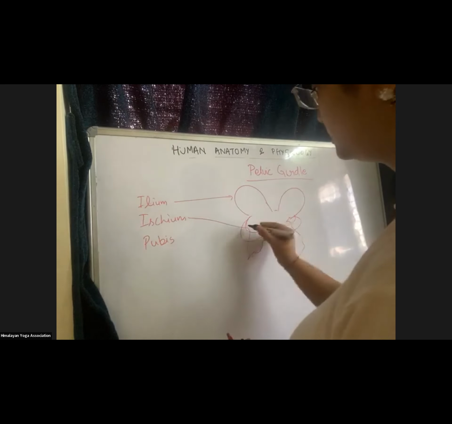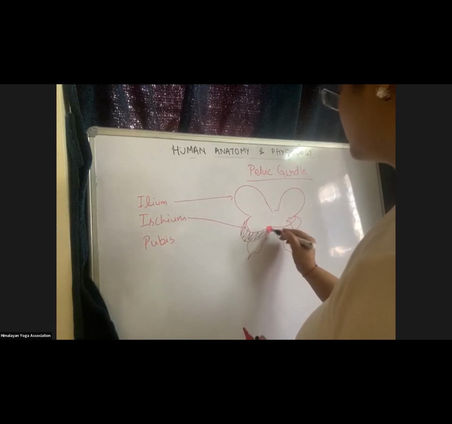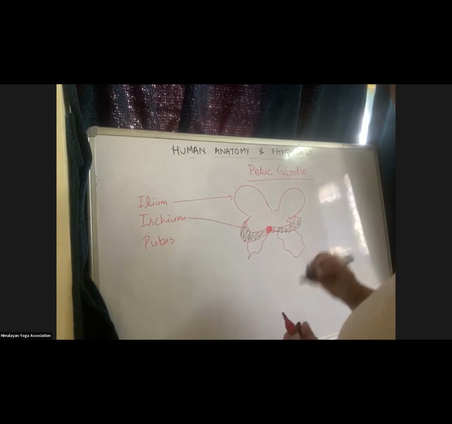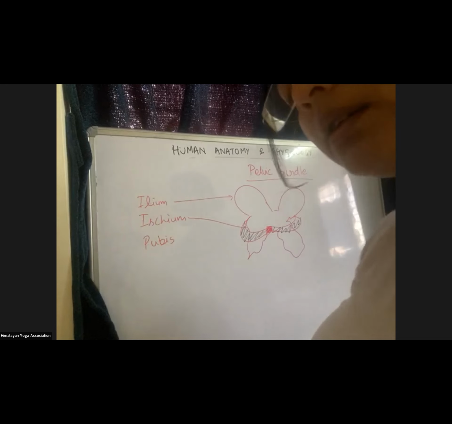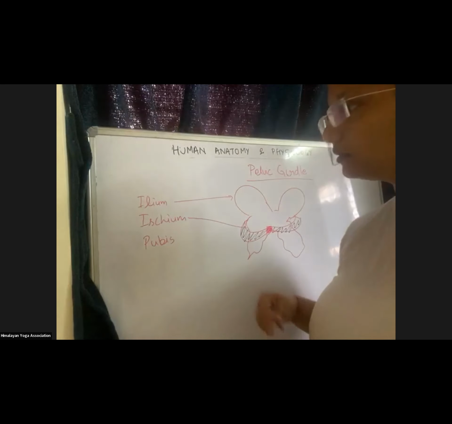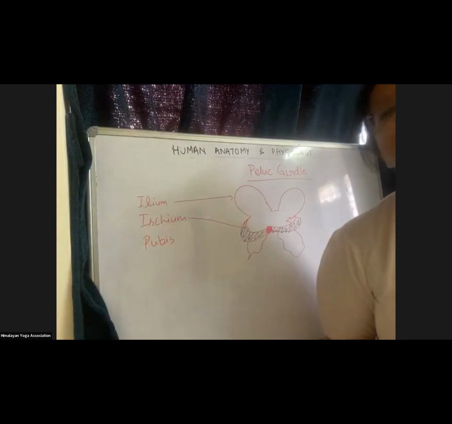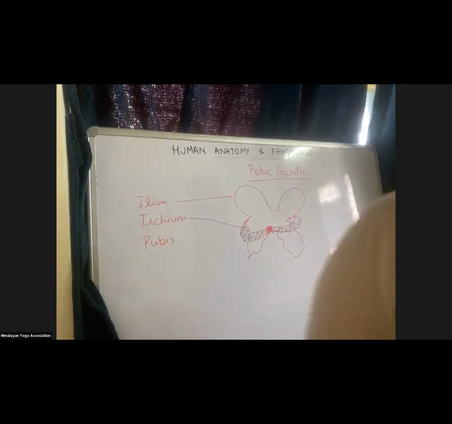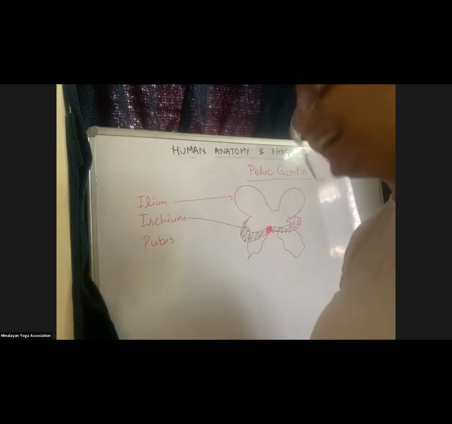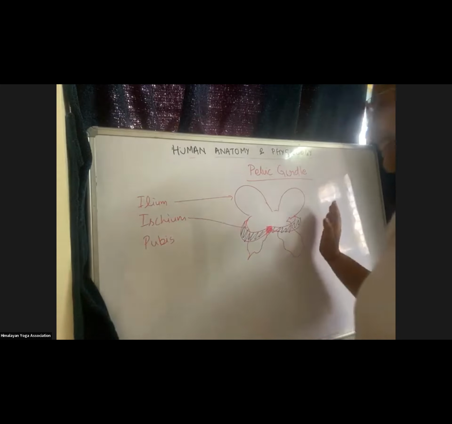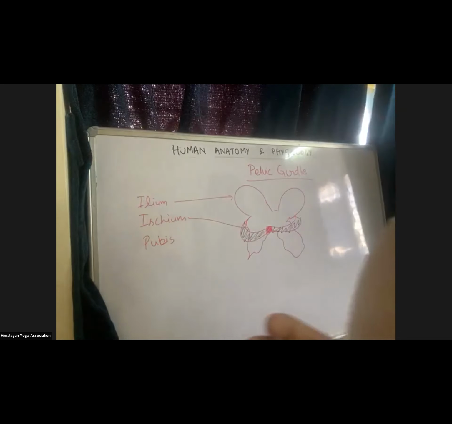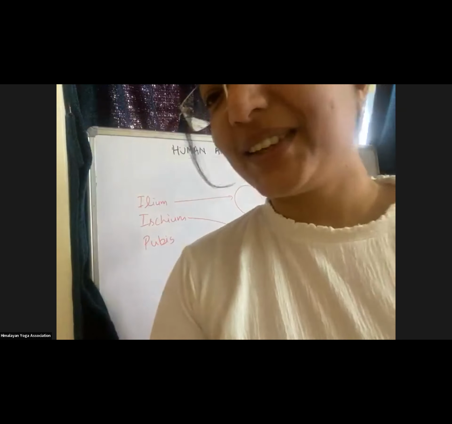This is at the back and this is at the front. I know this is not at all clear to you. Is it clear? Yes, ma'am, this diagram? Okay, that's very intelligent. If you're able to understand this diagram, because I'll just share an image of the pelvic girdle with you.